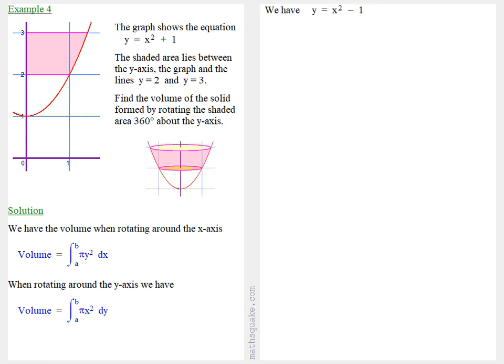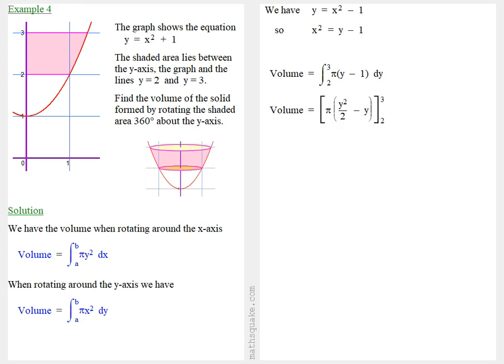Now, we were originally given the equation y equals x squared plus 1. That can be rearranged to give x squared is equal to y minus 1. And the required volume is equal to the integral of pi x squared dy. So the volume is equal to the integral of pi times (y minus 1) dy between the limits y is equal to 2 and y is equal to 3.